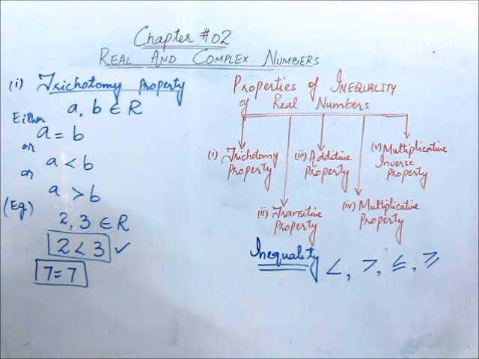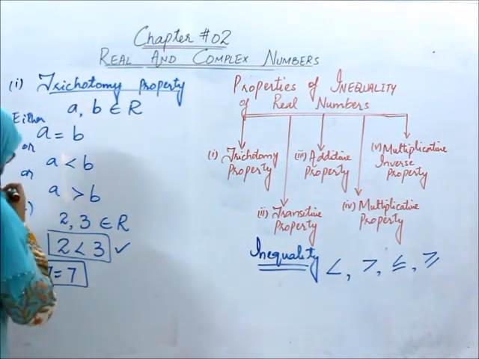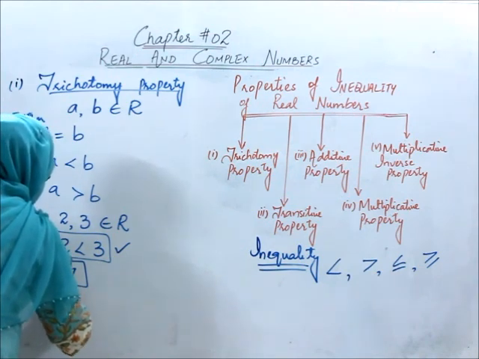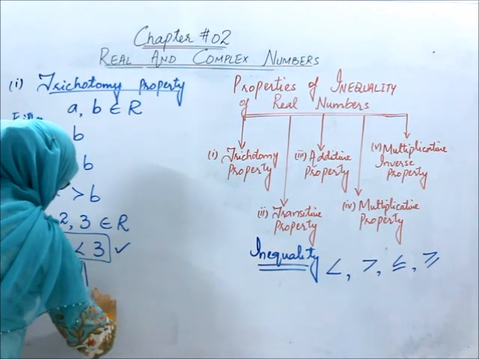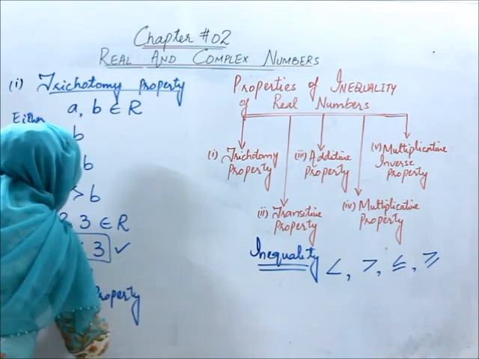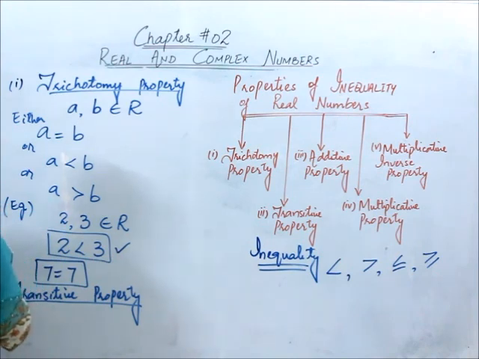Now the next property is the transitive property. What does the transitive property say? Transitive property is a very simple property. As you studied in the properties of the equality of real numbers, there is a transitive property for the inequality of real numbers too.